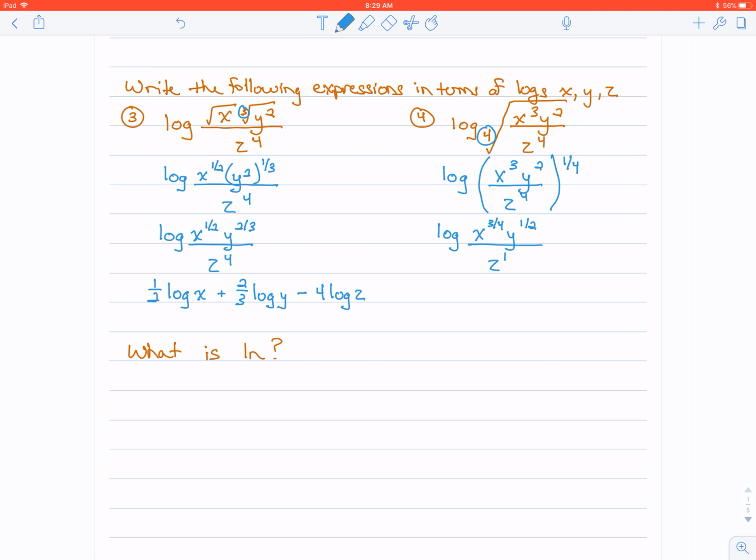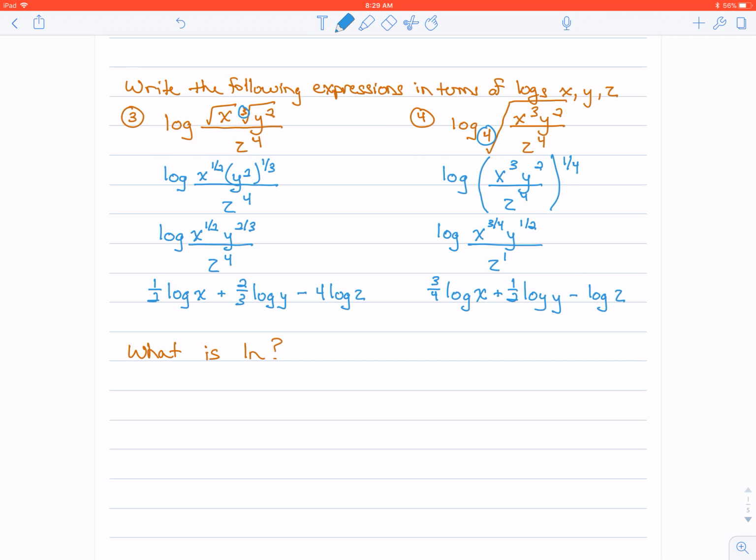And now we can break this up again using log rules, and so that would be 3/4 log x plus 1/2 log y minus log z.